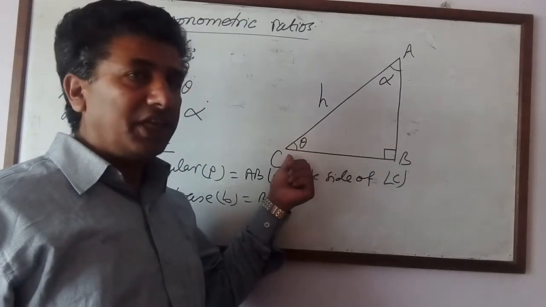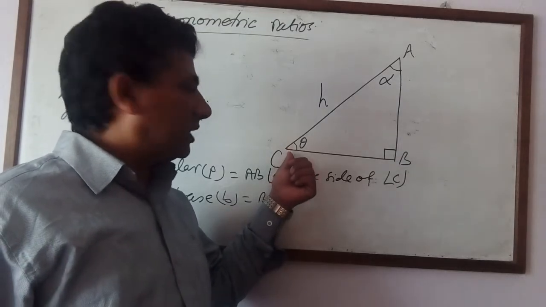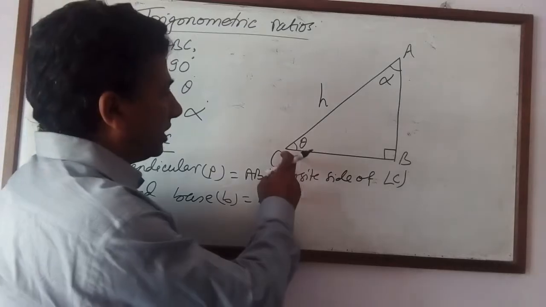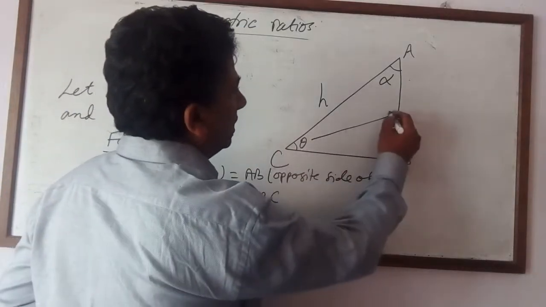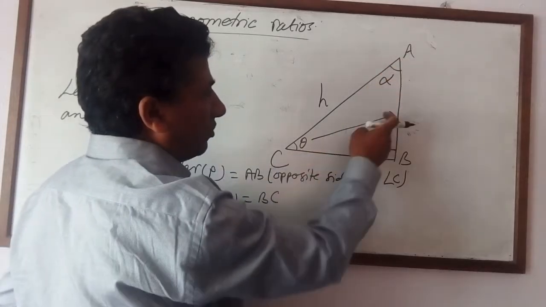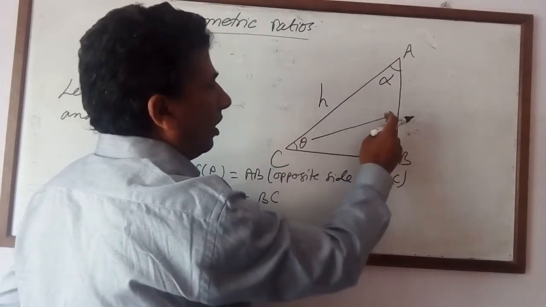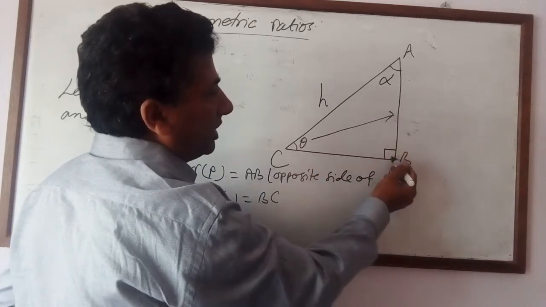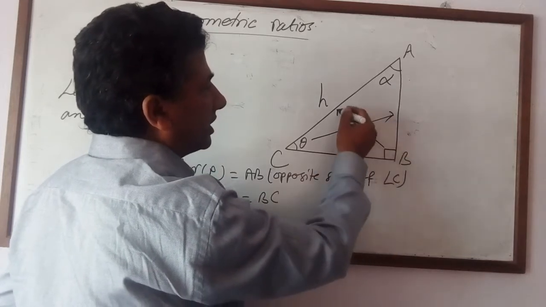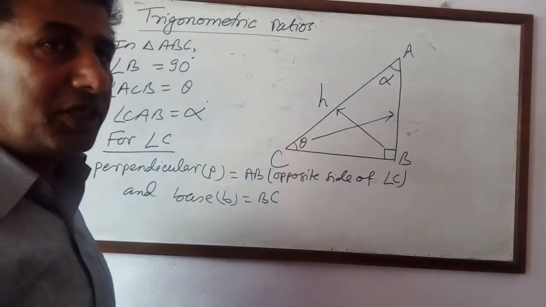If you refer to angle C, then the opposite side of angle C is AB. So AB will be perpendicular for this angle, not for angle A. The 90 degree angle's opposite side is AC. AC is the hypotenuse, which is always the side opposite the 90 degree angle.